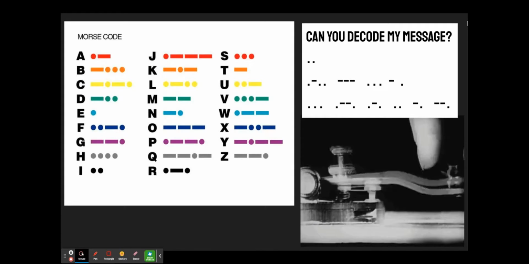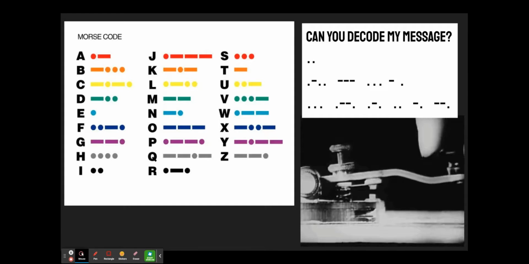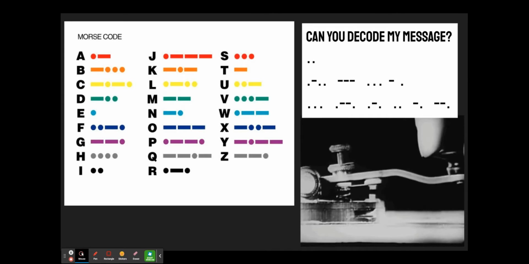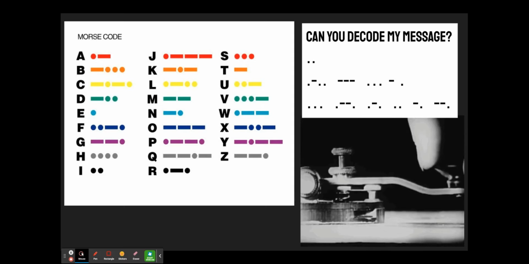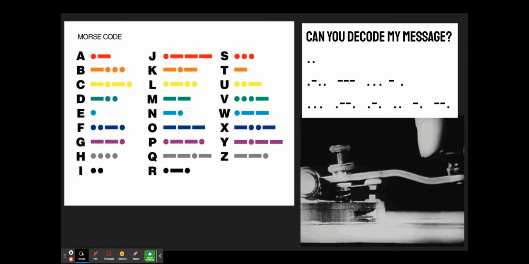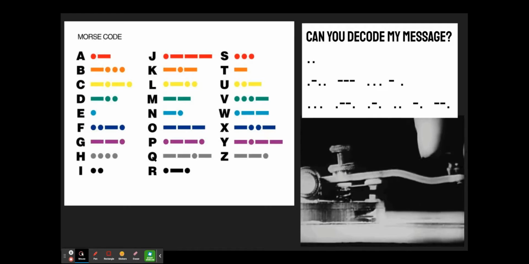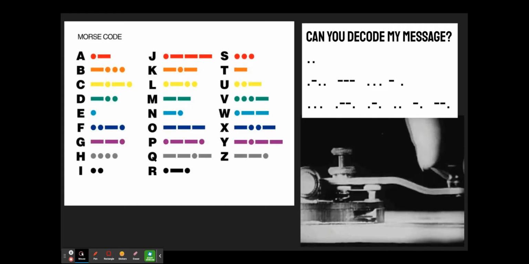So somebody would translate your message from letters and words into dots and dashes, and they would send that series of dots and dashes, that pattern, across to another operator who would then translate your dots and dashes, those sounds that you heard in the last scene, back into the letters that corresponded with each pattern of dots and dashes.